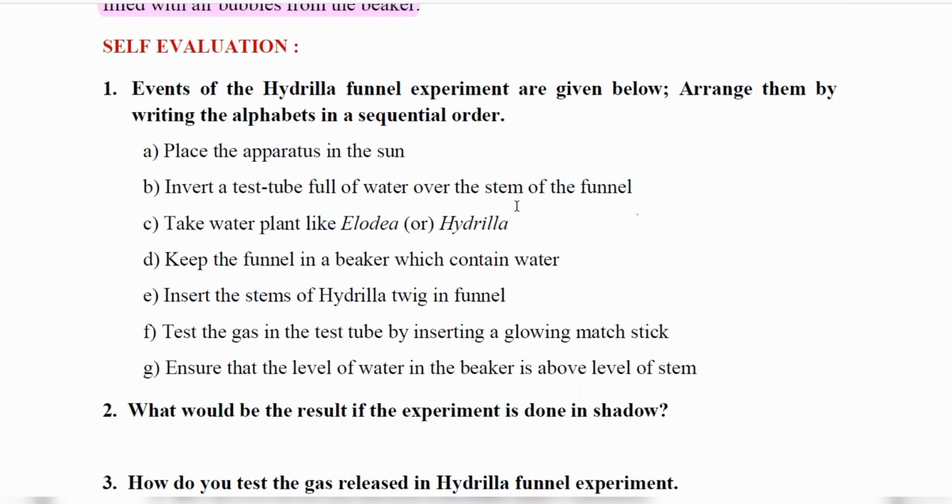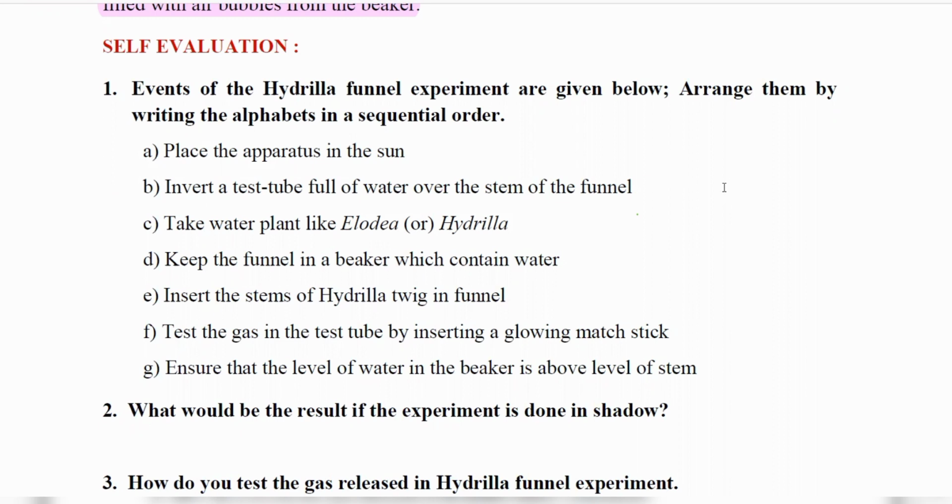So the first one is C. Take a water plant like Elodea or hydrilla.